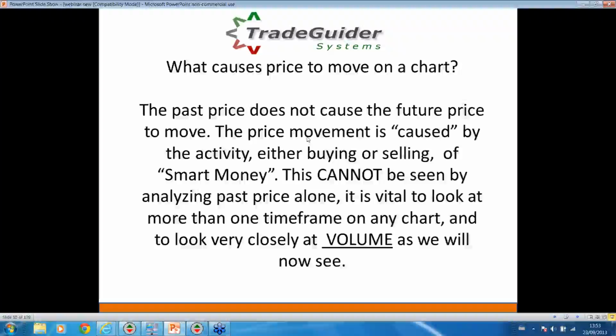It's vital to look at more than one time frame on any chart and to look very closely at volume, as we will now see. One of the things you'll notice when I trade is I look at more than one time frame. And what I'm looking for in more than one time frame is alignment of trend. That's it.